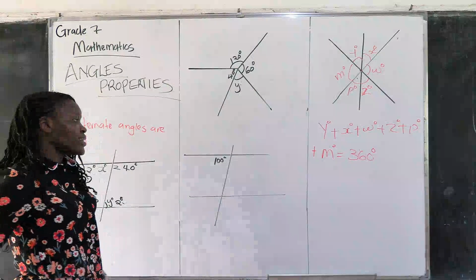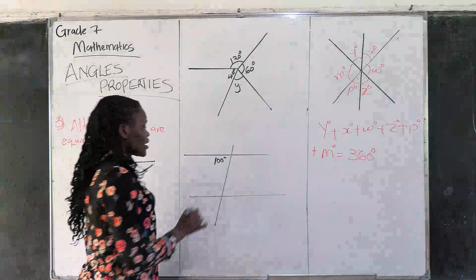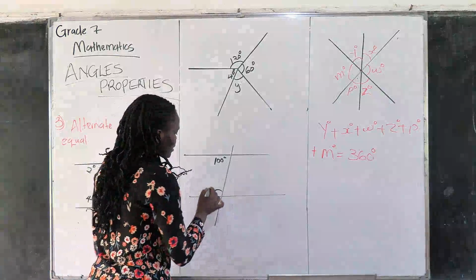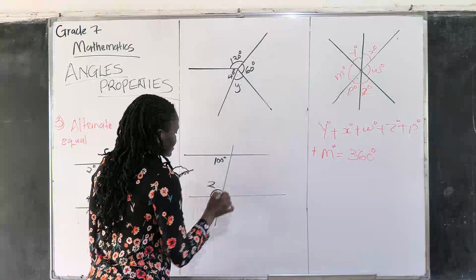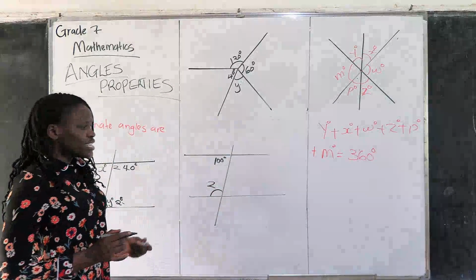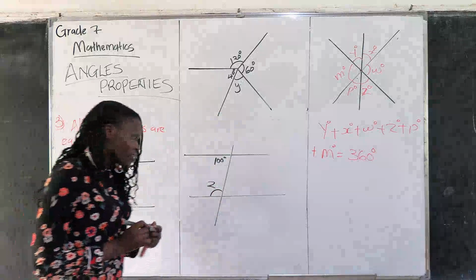We are told find this angle. This angle is Z. Find angle Z.